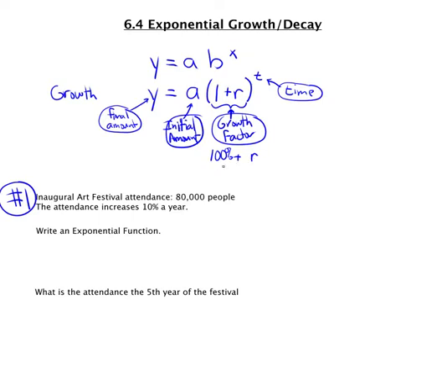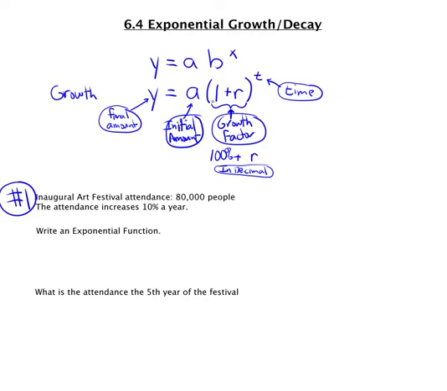Now, you have to remember that this is in decimal form. And that's why our 100% looks like a 1. We've moved the decimal over 2 places, and it is a 1 for 100%.